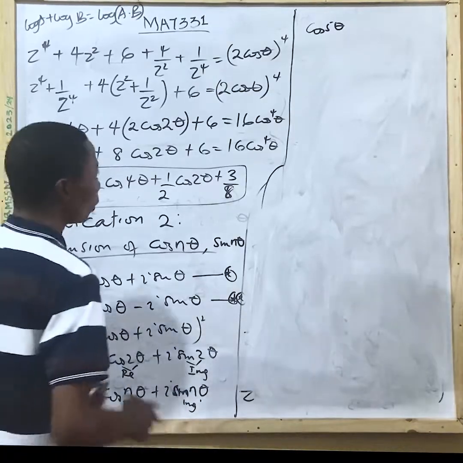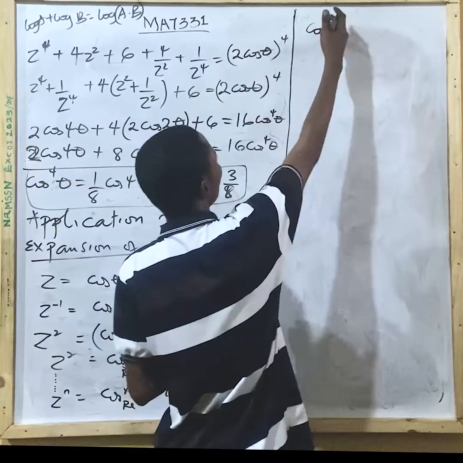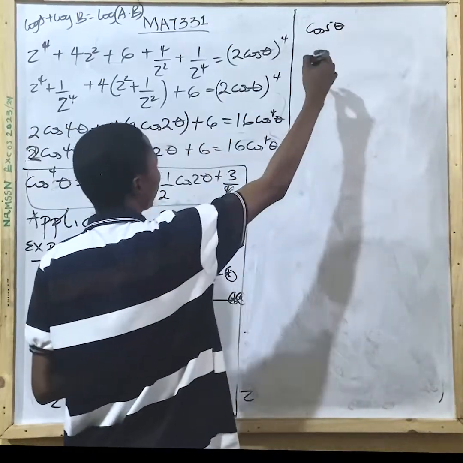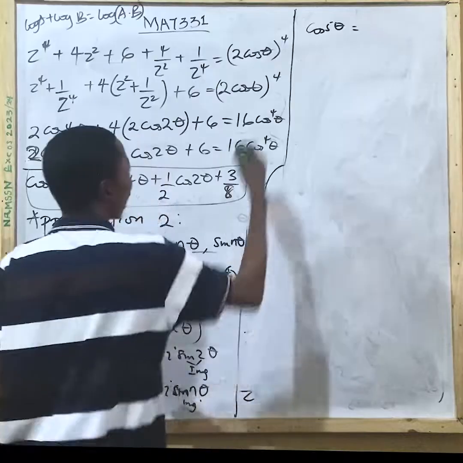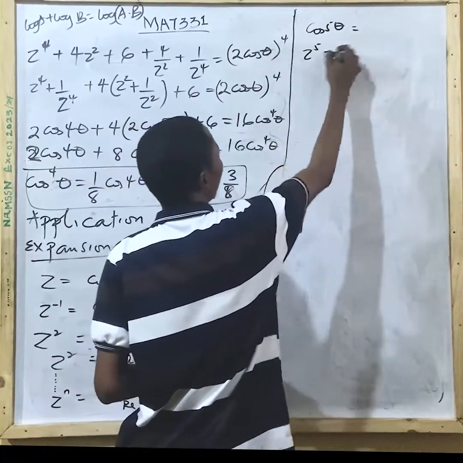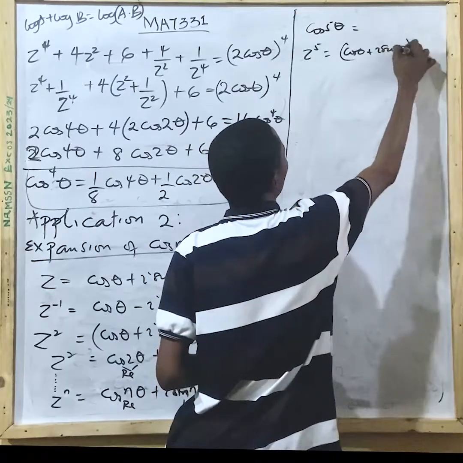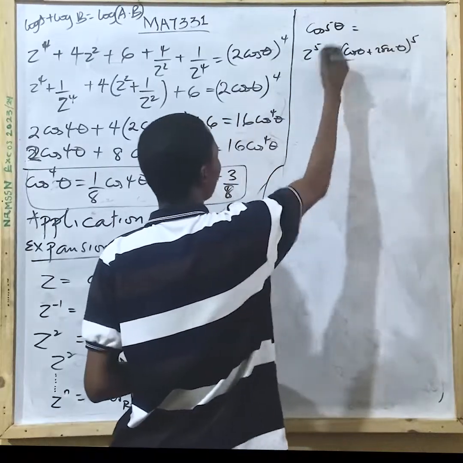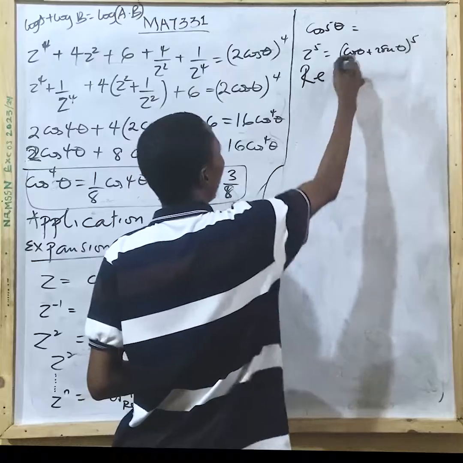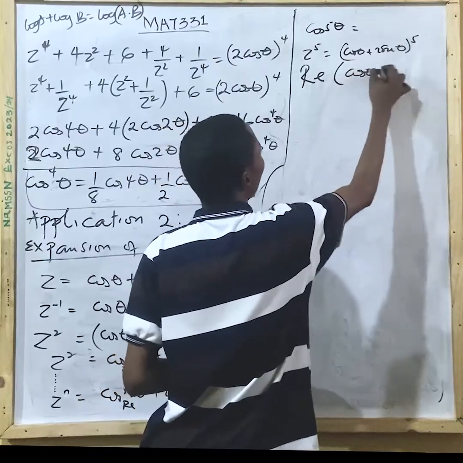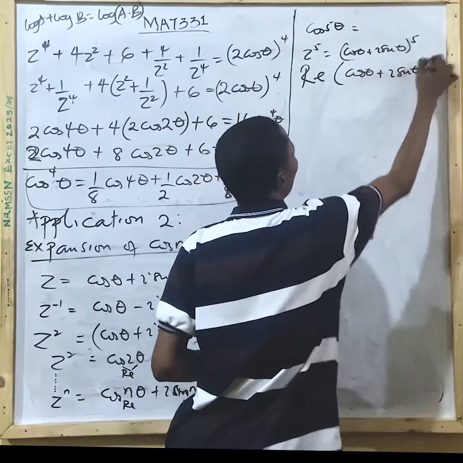So what this tells me is that, suppose I want to get the expansion of cos 5 theta. What do I need? Cos 5 theta is just like having z^5. You know, z^5 is cos theta plus i sin theta all raised to power 5. So it simply means the real part of cos theta plus i sin theta all raised to power 5.